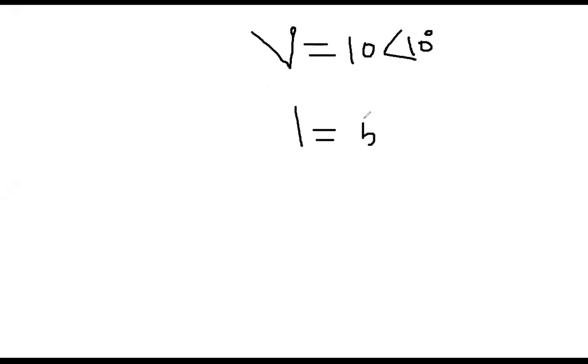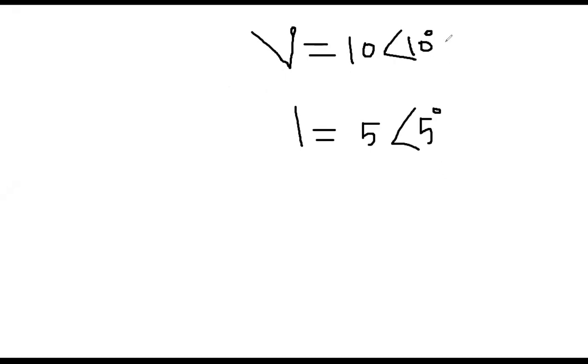Okay, so for example, you have one voltage expression, for example 10, and its phase angle is 10 degrees. Just an example. And then you have the current expression, for example this, and the angle is 5 degrees. Just an example.